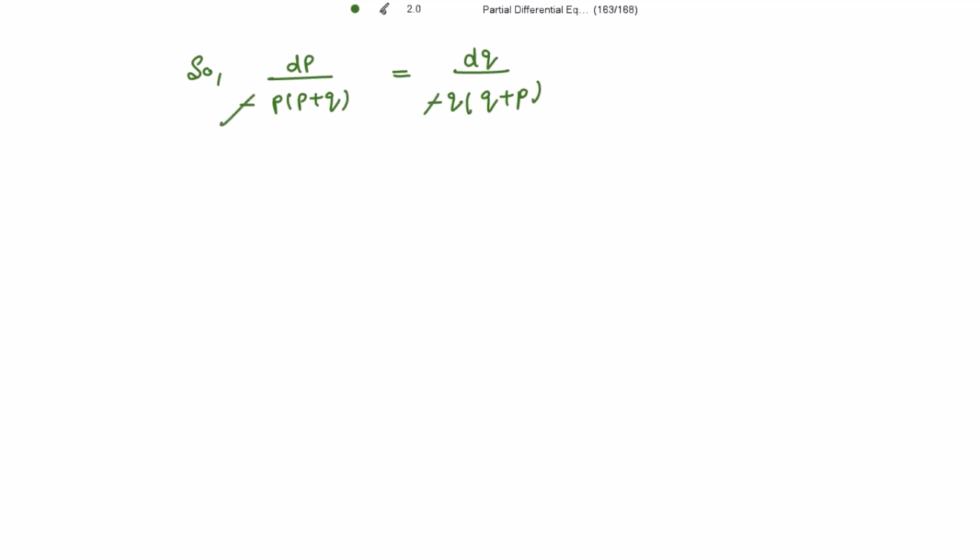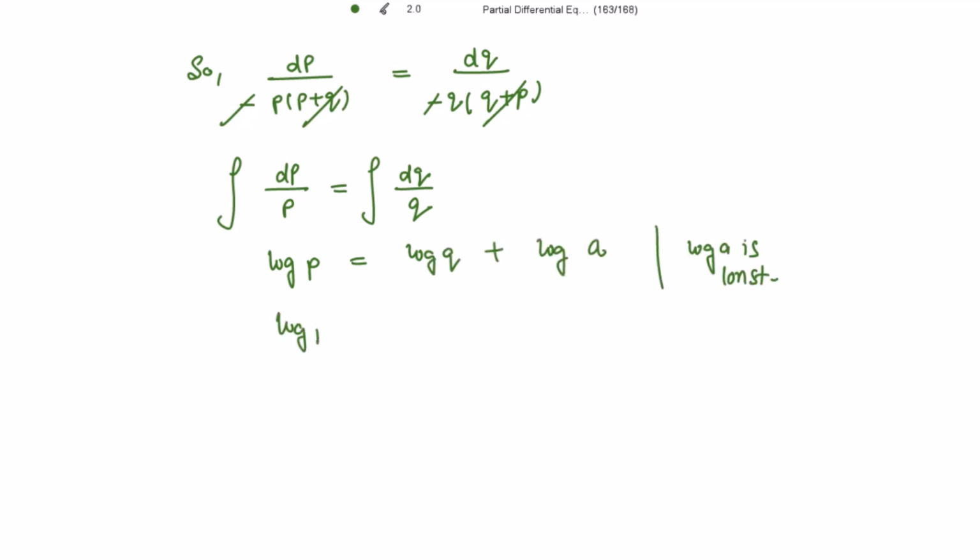Cancelling the negative signs and also p plus q, we have dp divided by p equal to dq divided by q. Integrating, log of p equals log of q plus log of the constant a, so log p equals log of q into a. From here p is equal to q into a. So we are getting the relationship between p and q.